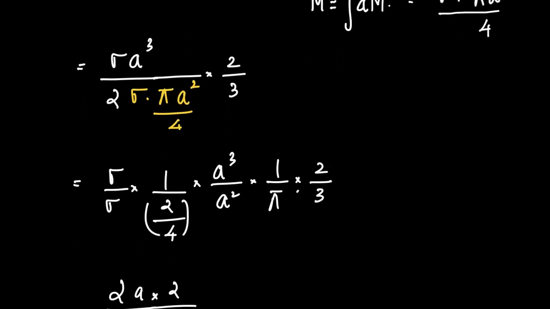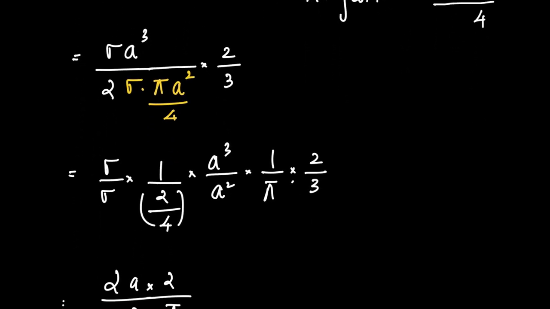And I'll rearrange the equation to make sure that you get the best of the clarity here. So sigma by sigma becomes 1. Okay, I can write a cube by a square, into 2 by 3, and pi remains 1 by pi. 2 by 4 can be grouped as 1 by 2 by 4.